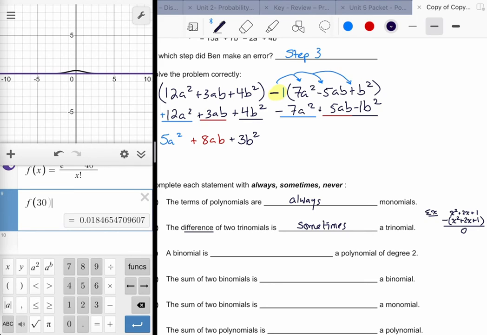All right. So a binomial is blank a polynomial of degree 2. Degree is the highest power, right? So it's the highest power contained within a binomial. Binomial is the number of terms. So this is the 2-termed polynomial.